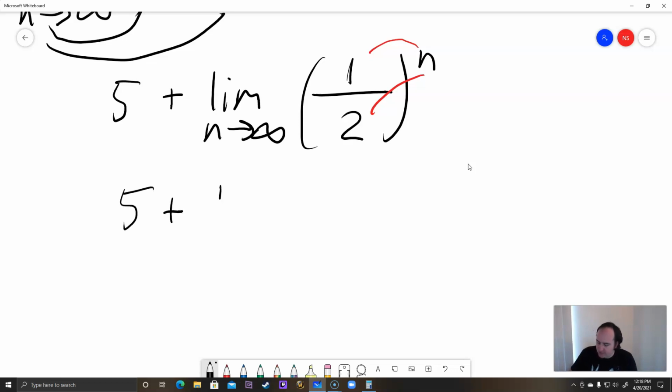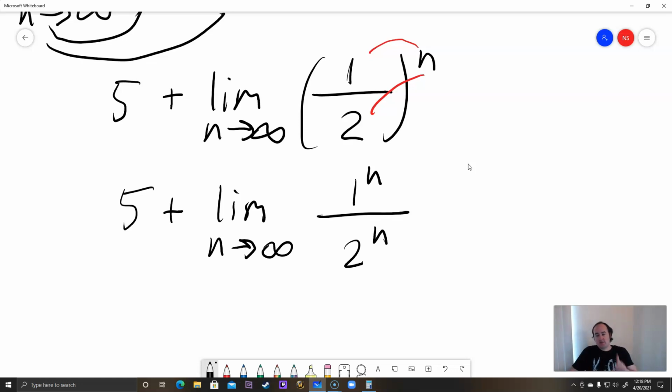So we have 5 plus the limit as n goes to infinity of 1 to the n over 2 to the n. But 1 to the n is just 1, so we really just have the limit as n goes to infinity of 1 over 2 to the n.